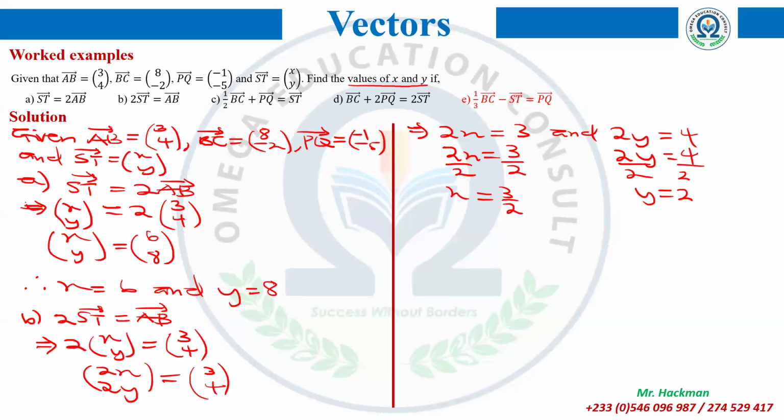Remember, we've not drawn our conclusion yet, so we are going to draw our conclusion. I write, therefore, x is equal to 3 on 2, and, not or, y is equal to 2, because the connector here is and.